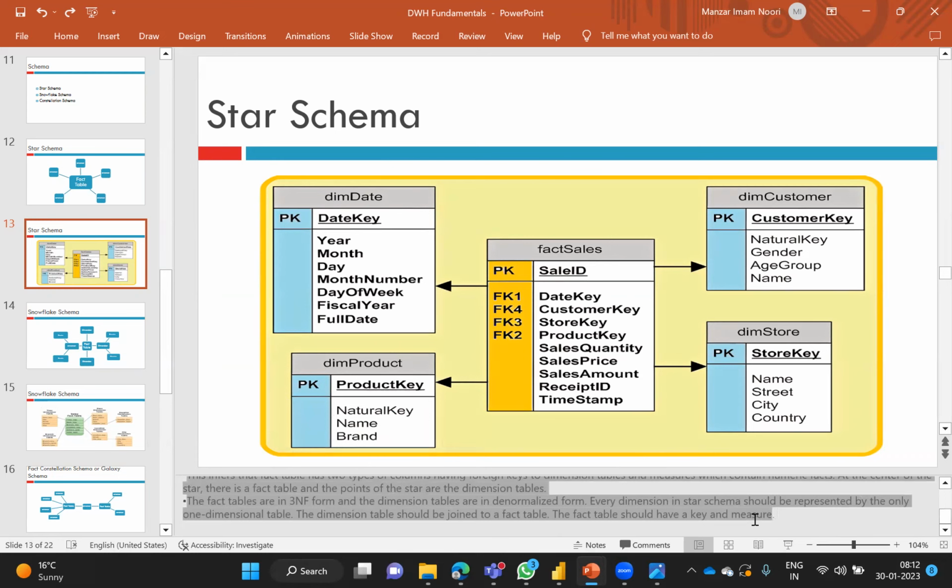For this star schema, we are going to use it whenever our data is like that. So this has to start from the data warehousing itself. The data warehousing tables should be such that we can create the star schema modeling in our reporting.